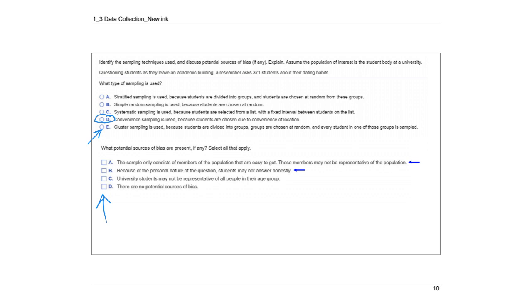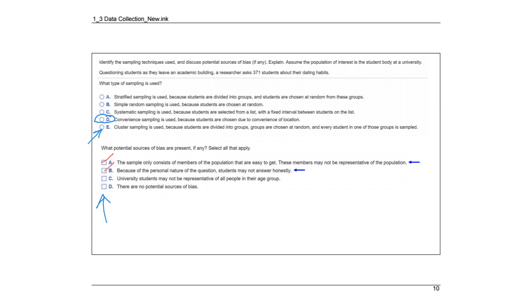So let's see here. We're looking at bias. The first one says the sample only consists of members of the population that are easy to get. These members may not be representative of the population. That's true. Because of the personal nature of the question, students may not answer honestly. Okay, so when you're developing a survey, the questions are really important.